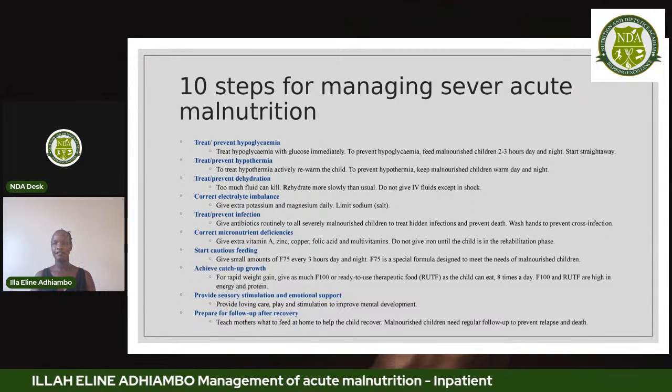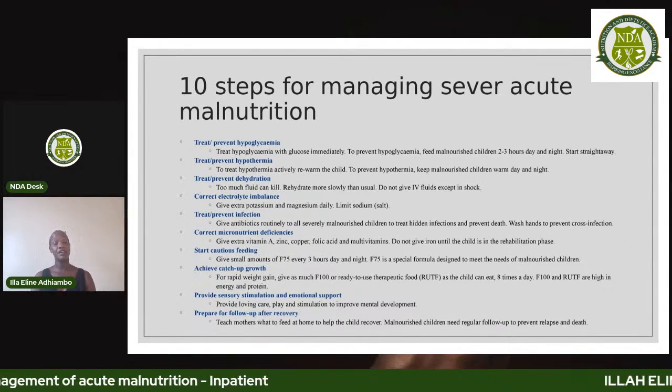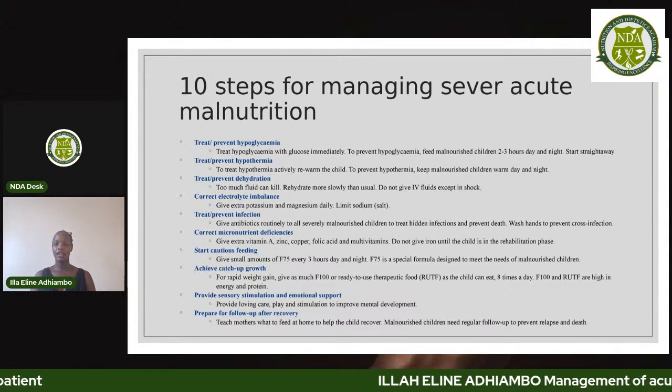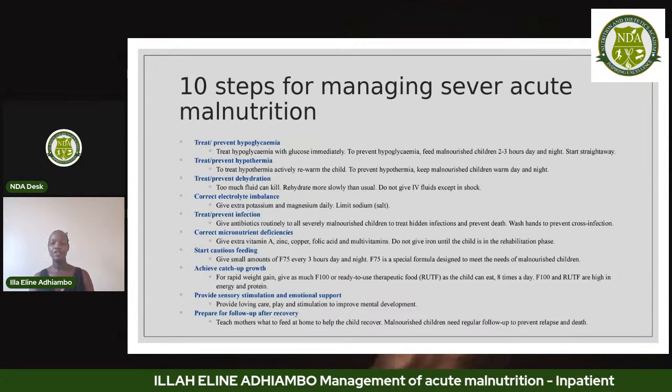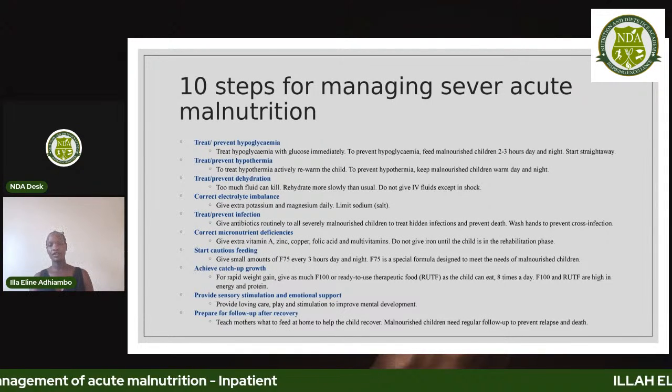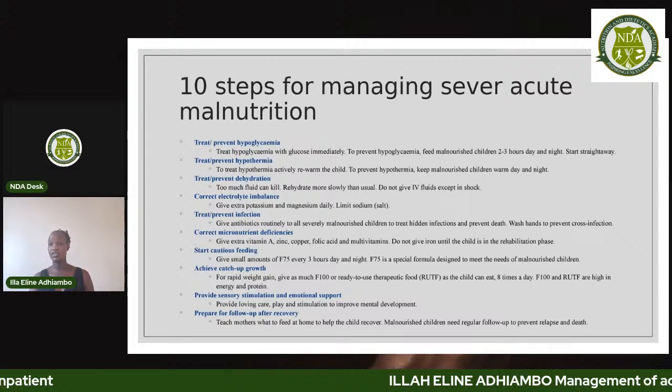So you calculate, if the child's weight, let's say for instance, is 5 kilograms, you're going to calculate 5 kilograms times 130 kilocalories. Then you divide the kilocalories by the number of feeds. Let's say you're going to give it in 8 feeds, which is ideal. You divide the total by 8 feeds. That is going to give you the quantity of the feeds you're going to give this child every 3 hours.